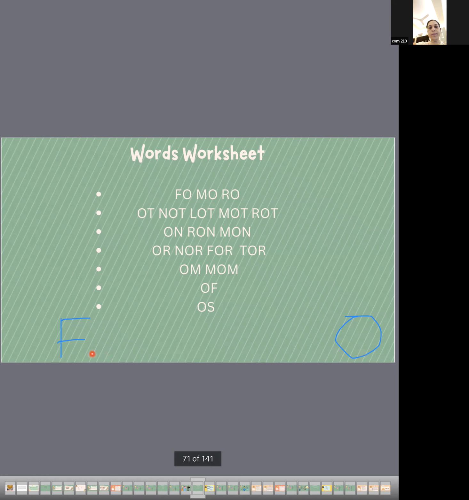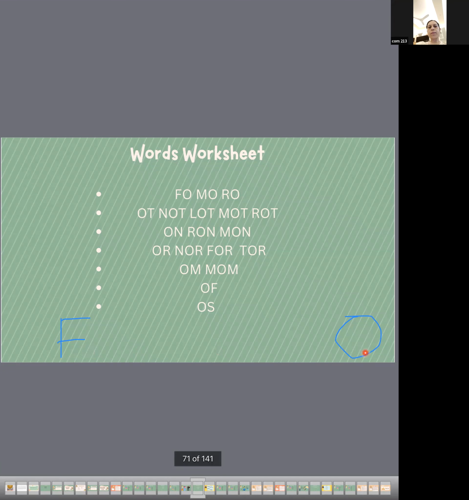So what is the advantage basically? When you say off, there is some blank in between. So sometimes it is very difficult for kids to understand that off is for. So what we are trying to do is relate the sounds. So we are saying for.